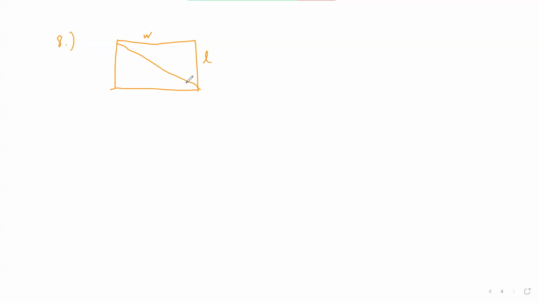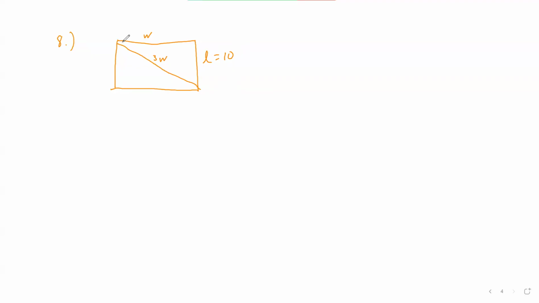How would you write that? Good. 3W, or 3 times the width. And then it says the length of the rectangle is 10 inches. Find the width of the rectangle. That's all the information we get.